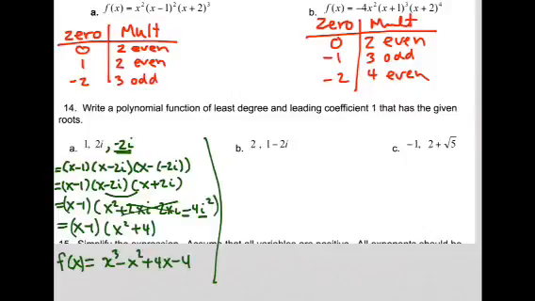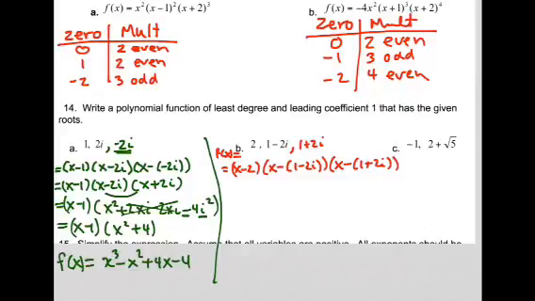Okay, so for letter B, we have to add 1 plus 2i, the conjugate pair. And so we're going to say f of x equals x minus 2, x minus 1 minus 2i, and then x minus 1 plus 2i.